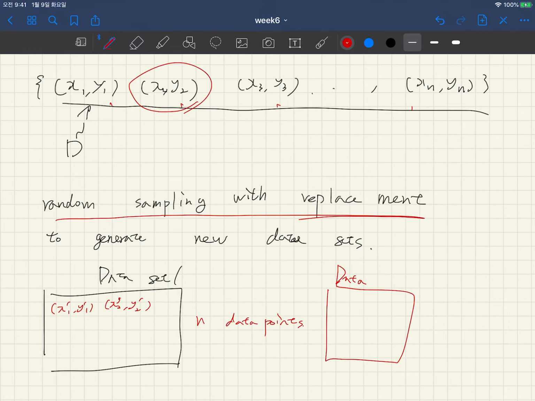We can generate data set 2, data set 3, and so on. And these data sets are generated by some D-hat distribution, which is another data generation process organized by the empirical observation of the already existing n data points.